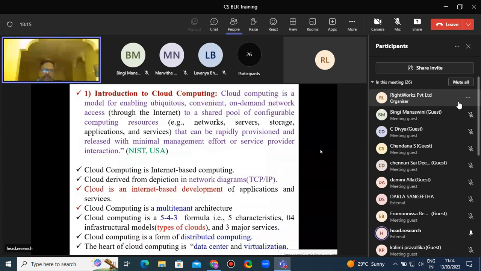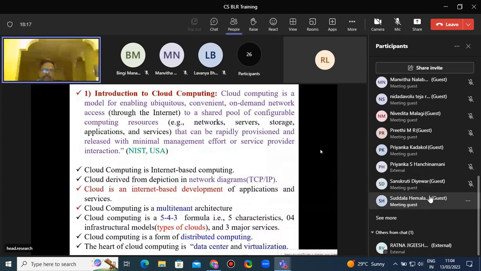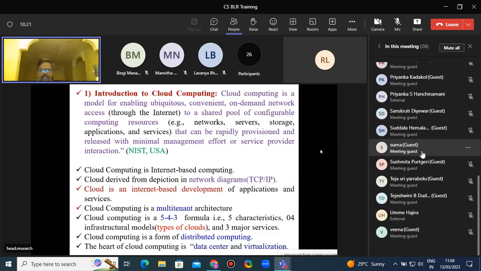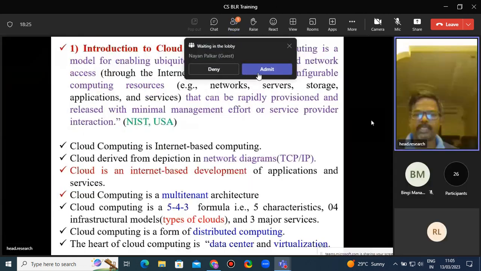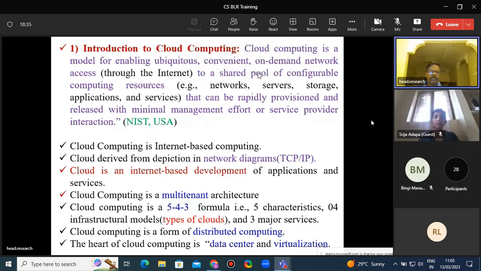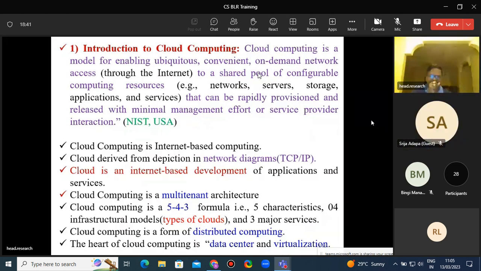Cloud derived from depiction in network diagram called TCP/IP model, reference model. Cloud is an internet-based development of applications and services. Cloud computing is a multi-tenant architecture, means multiple users are connected to the cloud and accessing the information from the different service providers.